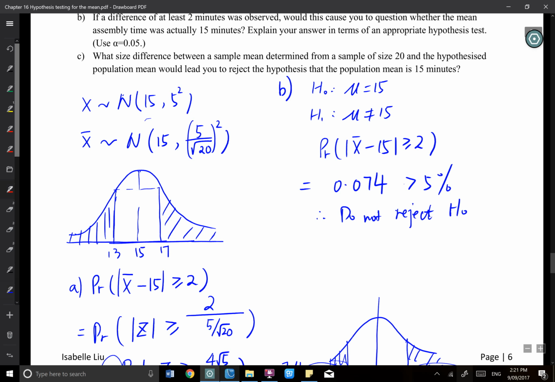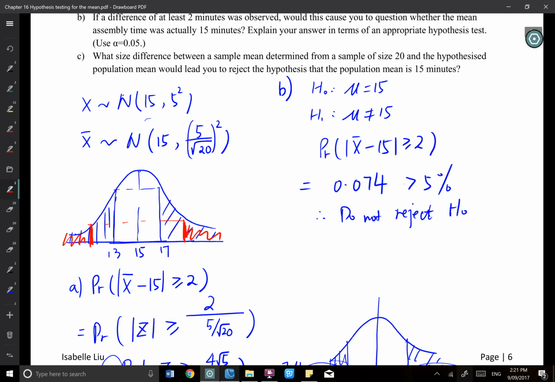So basically, I'm looking for 2 values. I need those 2 to have 5%, just 5%, right? It needs to be less than 5%. If I can observe something larger than that, then it's enough.